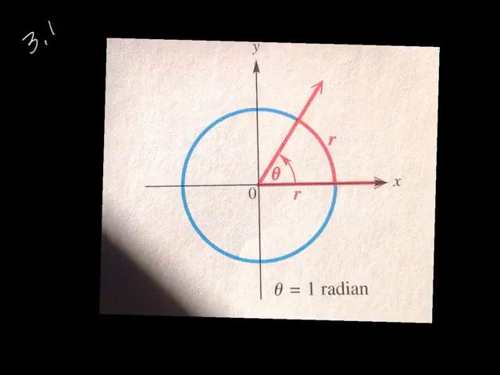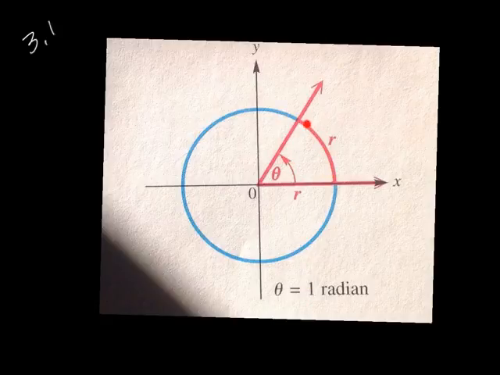Now, if we took the distance from here to here, which is the radius r, and laid it on the arc of the circle, and it was also r, so the radius and this were the same length, then this distance, theta, is equal to 1 radian.